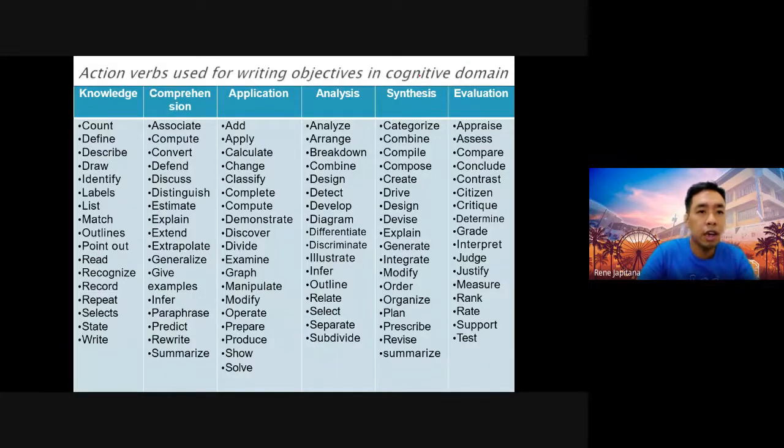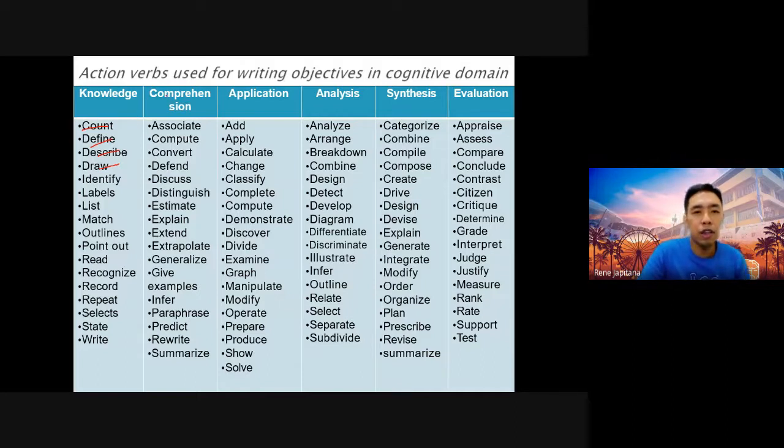So we go back here like count, define, describe, draw. This is what we expect from our students when we have our lesson. For example, count 1 to 10. That's a very simple objective because that's only knowledge.